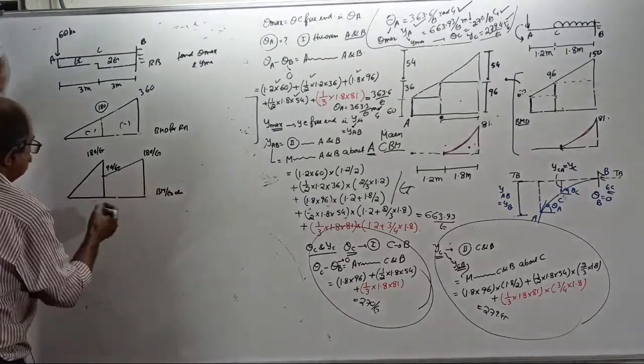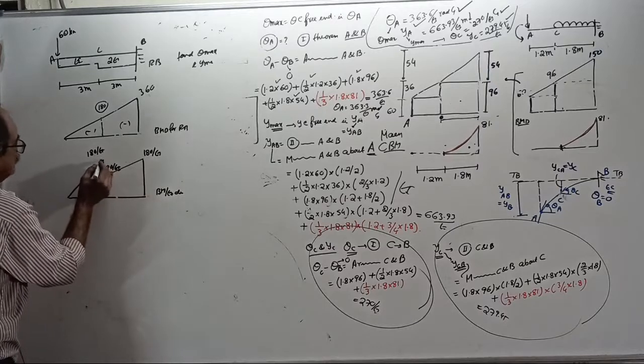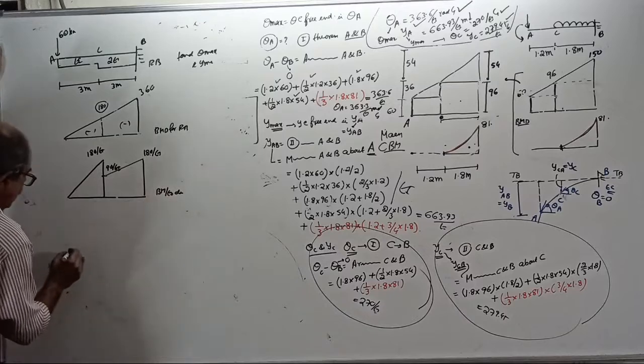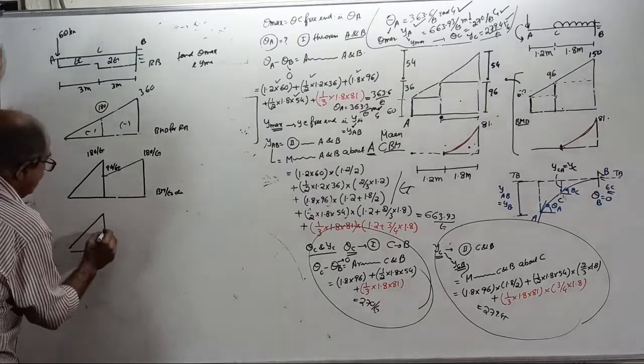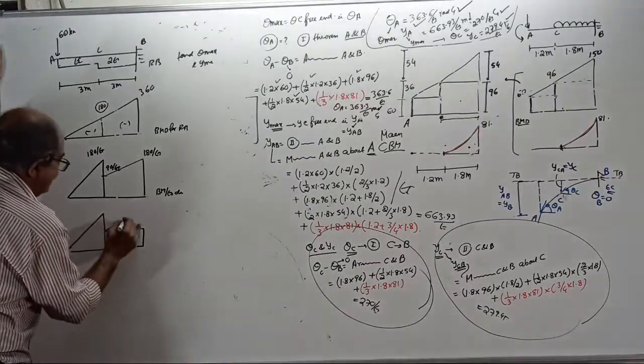Now what you do is, this full is 180, or you can modify the diagram: one triangle here, one rectangle here, one more triangle here.